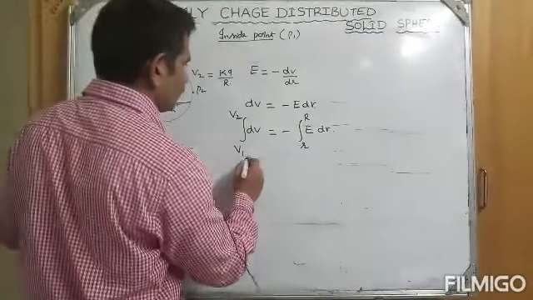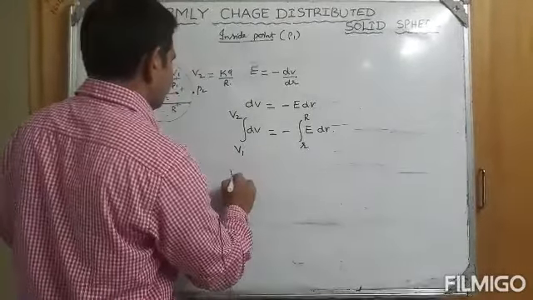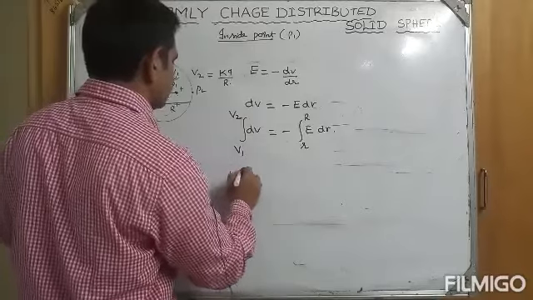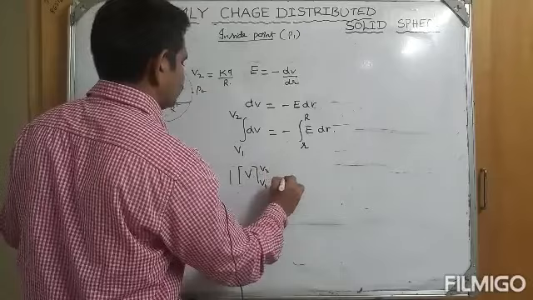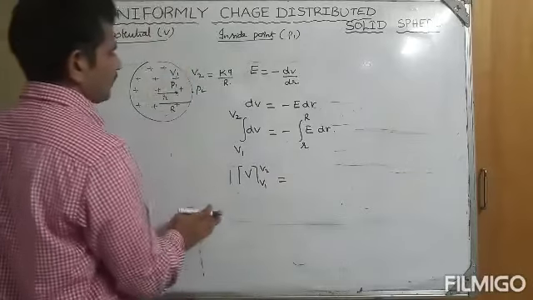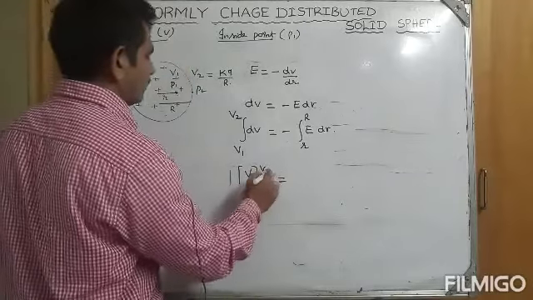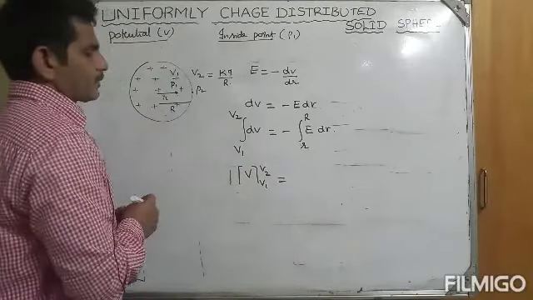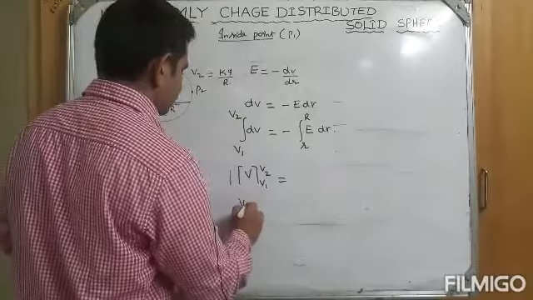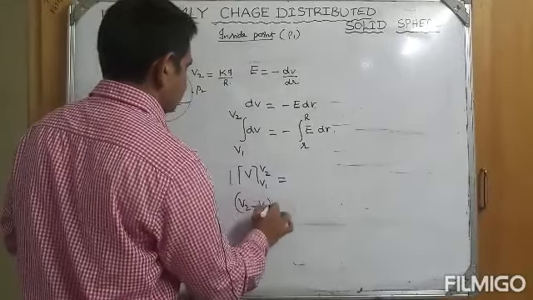So this value you will get, integration dV is V1 minus V2. So this is upper limit, this is lower limit. Therefore this part is V2 minus V1.